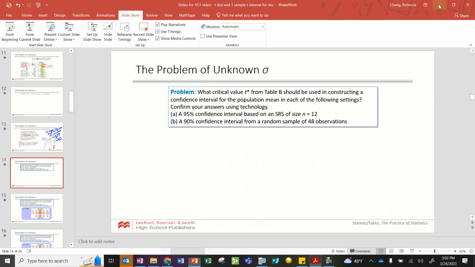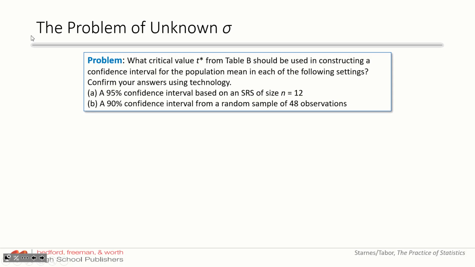So let me show you some examples. All right, if we want to create a 95% confidence interval using an SRS of size n equals 12, our degrees of freedom would be 11.